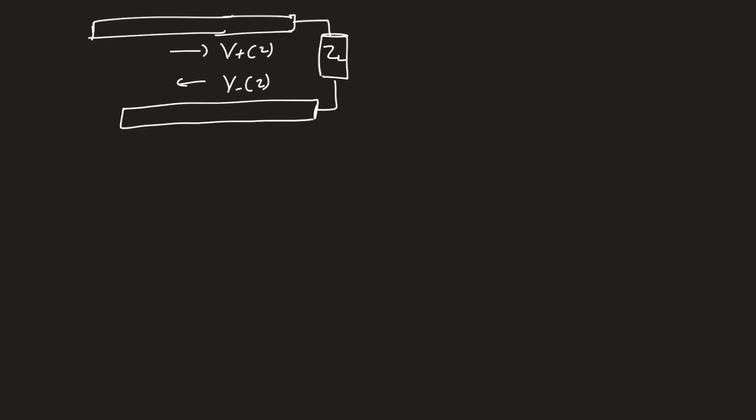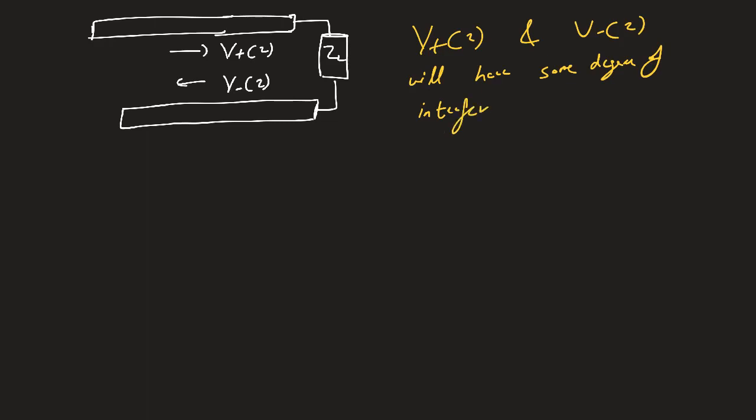And since these two waves can probably have some phase relation between them, what we can imagine is that V plus of z and V minus of z will have some degree of interference amongst one another.